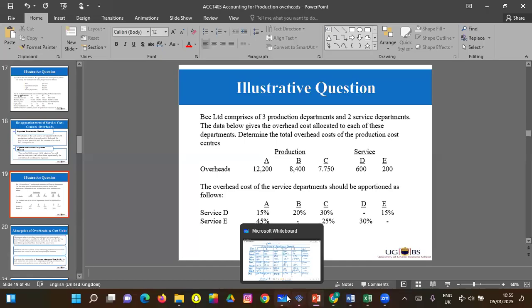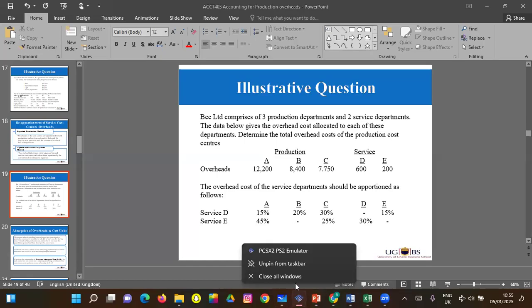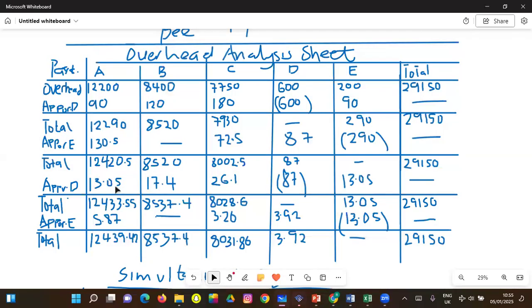So we do the same thing here. When we find 15% of 600, we get 90. 20% of this, we get 120. 30%, we get 180. And then 15%, we get 90 again, right?